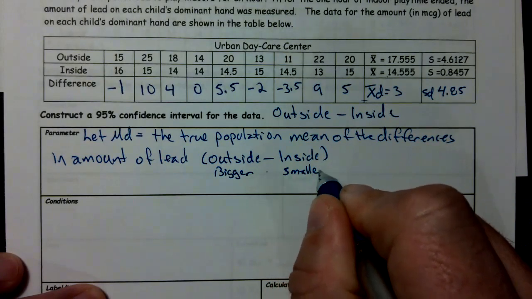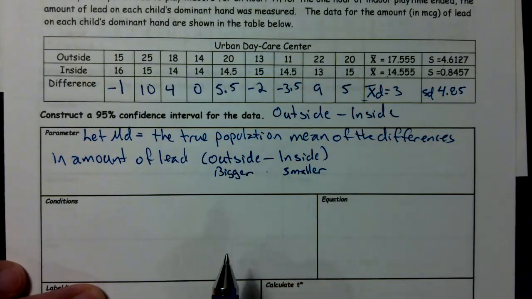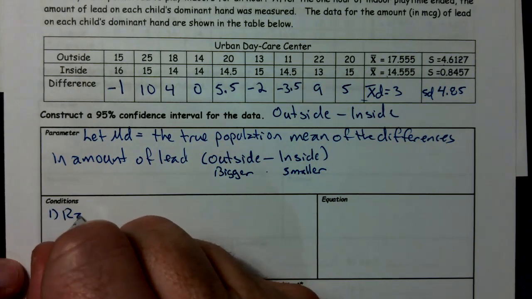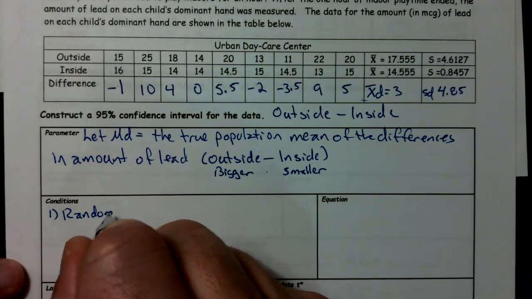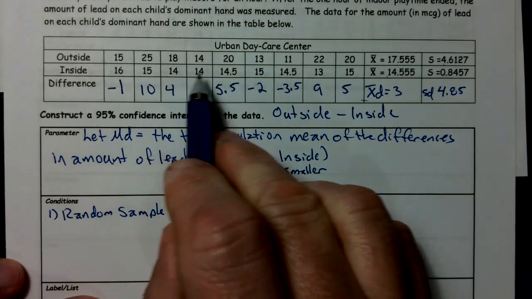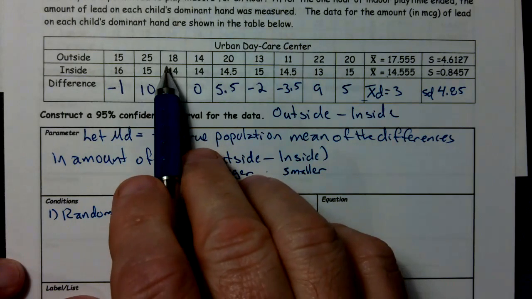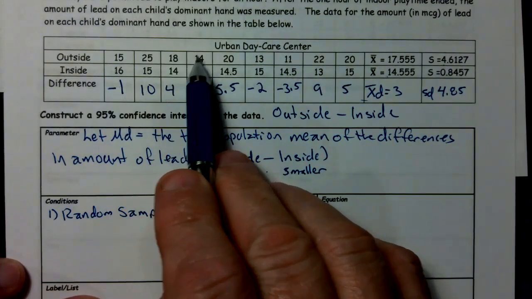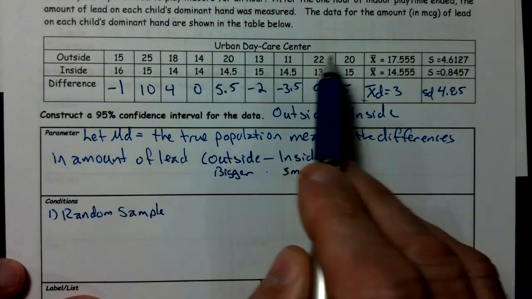Conditions. So our first condition, well, random sample. And remember, when it's paired, we're not looking at how many points we entered. We're looking at how many pairs of points. So in this case, 1, 2, 3, 4, 5, 6, 7, 8, 9.